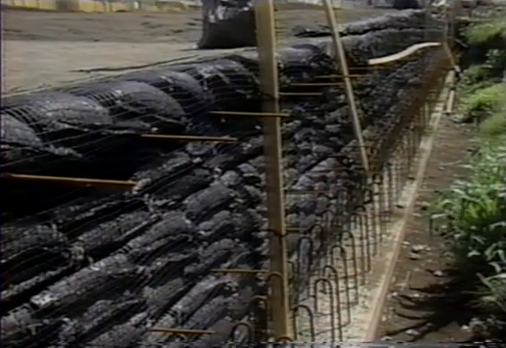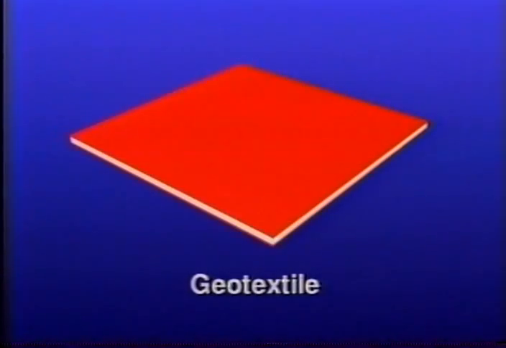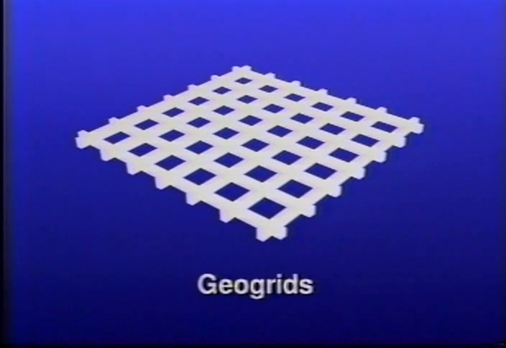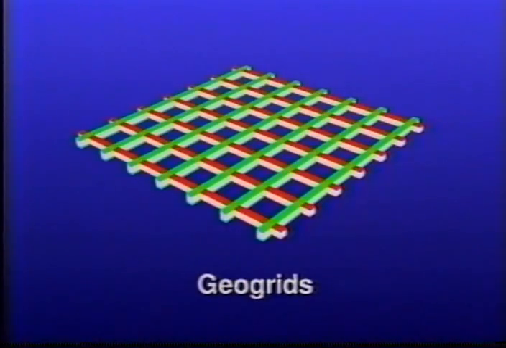A geotextile transfers stress to the soil through friction on its complete upper and lower surfaces. Geogrids transfer stress to the soil through passive soil resistance on the grid's transverse ribs and through friction between the soil and the grid's longitudinal ribs.